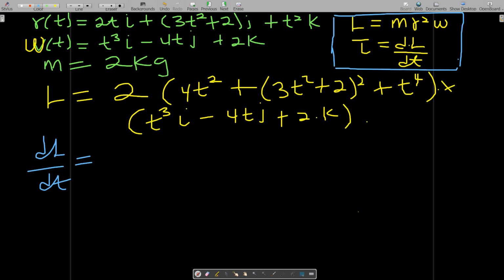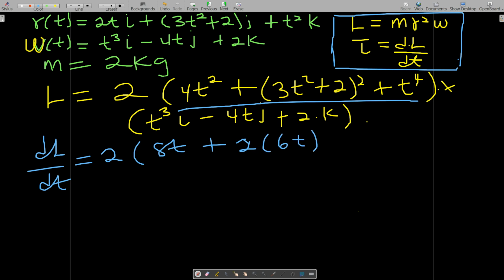So it's just 2. Then you first differentiate the first part. The first part is the whole of this because it's just multiplying everything. If I differentiate the whole of that bracket, I'm differentiating 4t squared with respect to t, and I'll get 8t plus, and differentiating this bracket is 2 times the differential of that bracket, and that will give me 6t into 3t squared plus 2.